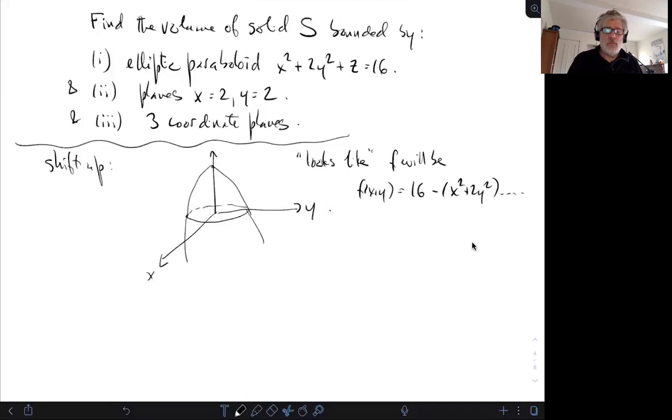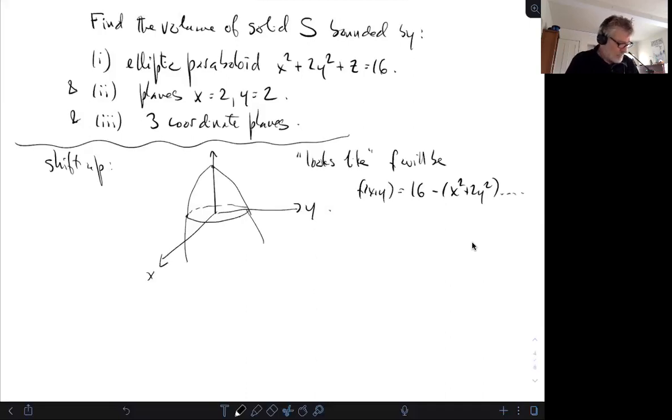Now what I'm looking for is my rectangle over which I am integrating. This will be given by the second and third parts: the planes x equals 2, y equals 2, and the three coordinate planes, the xy plane, xz plane, and yz plane. So you see that you're going to be in the first octant.